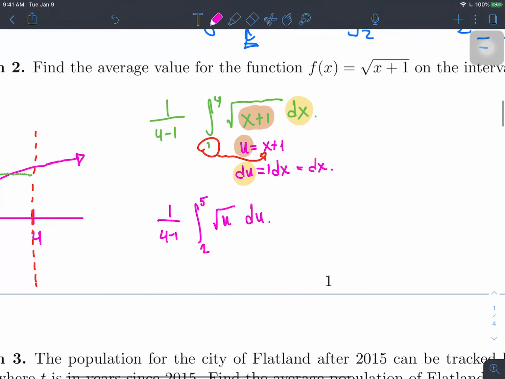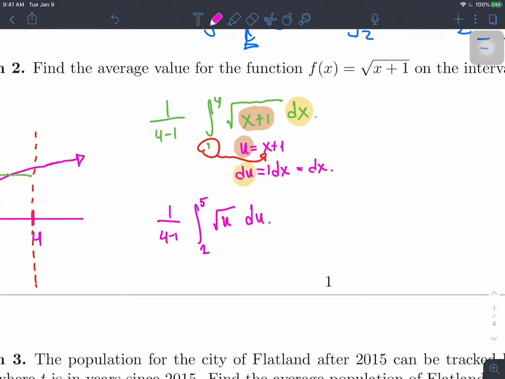Now I'm just going to finish out the integral using u. So this will be 1/3 times the square root of u, which is u to the 1/2 power. If I raise 1/2 by 1, I will get u to the 3/2 power, and then I'll divide by 3/2.